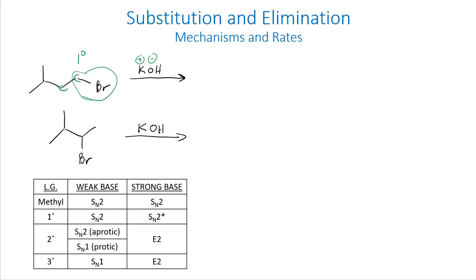In fact, it is hydroxide, so we have a strong base present. So if we go down to our table, we find our primary leaving group. Under strong base, we find we're still going to predict substitution. And so our product would have our nucleophile, the OH-, in place of the Br.